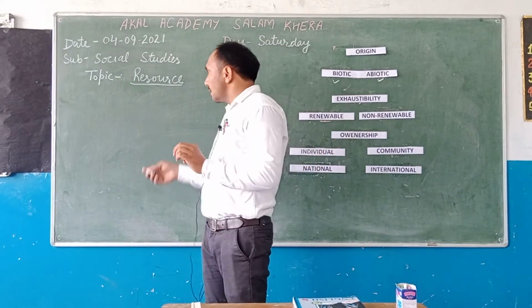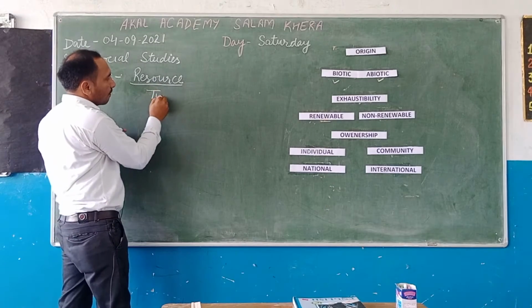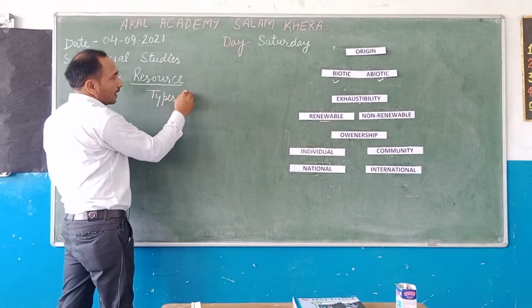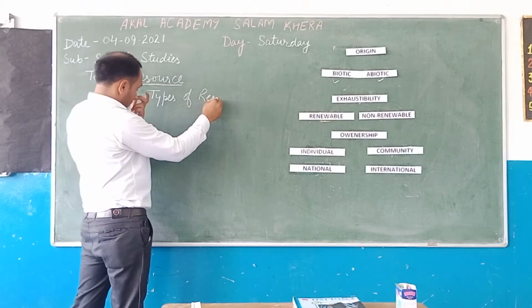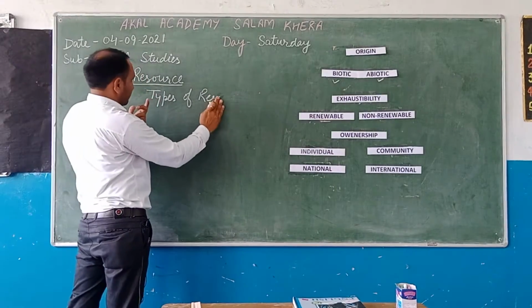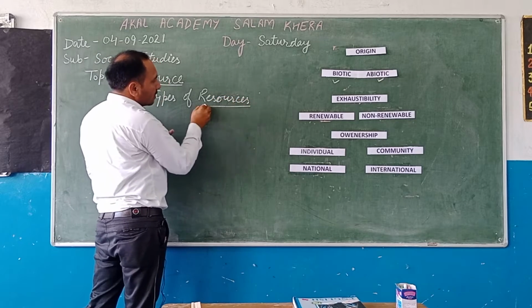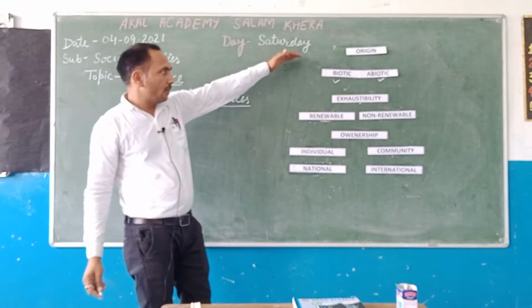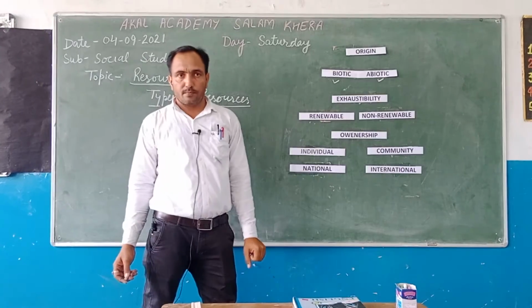Today's topic is types of resource. We can classify the resources on the basis of origin, on the basis of exhaustibility, and on the basis of ownership.